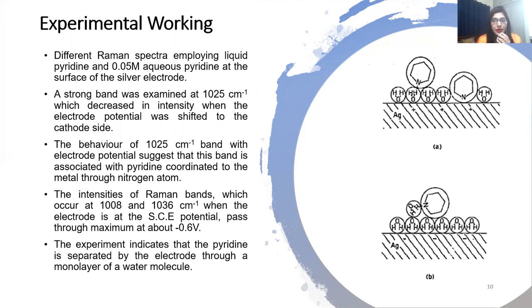In this figure, a possible model of the structure of a double layer between silver and the potassium chloride solution containing pyridine is illustrated. Figure A shows pyridine adsorbed to silver through nitrogen in an aqueous acidic environment, while in figure B, it was shown that pyridine adsorbed in an aqueous environment.